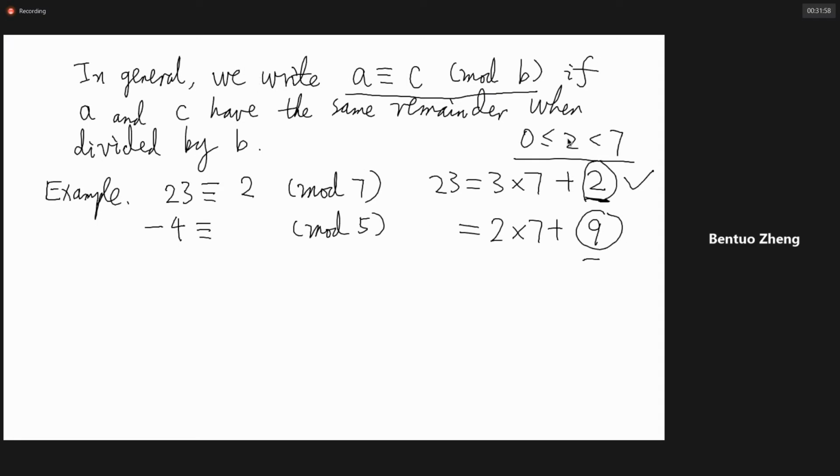Now, you remember the remainder is always greater than or equal to 0 and less than 5. So this is a key, as I addressed: the remainder is greater than or equal to 0, less than b. Here the b is 5. So you need to find the r between 0 and b. That's the key.